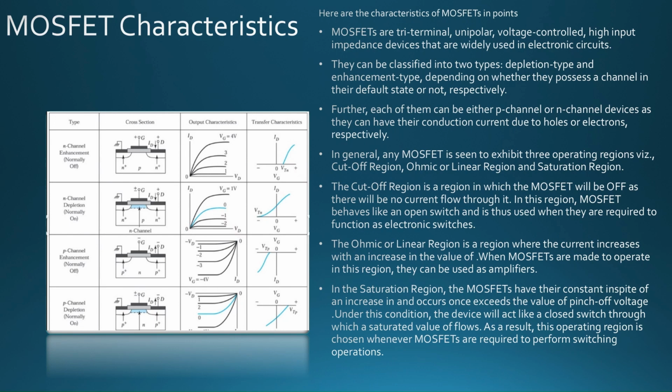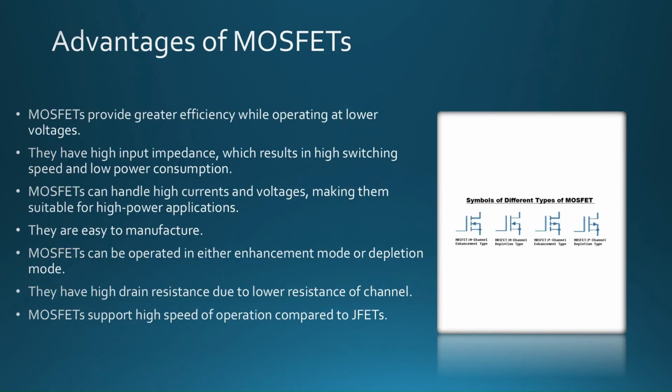Here are some advantages of MOSFET. MOSFETs provide greater efficiency while operating at lower voltages. They have high input impedance, which results in high switching speed and low power consumption. MOSFETs can handle high currents and voltages, making them suitable for high-power applications.